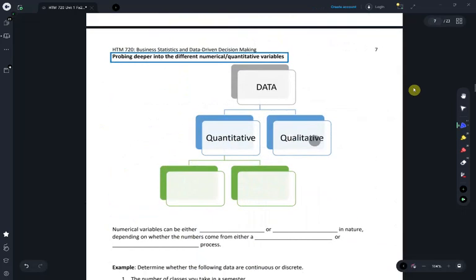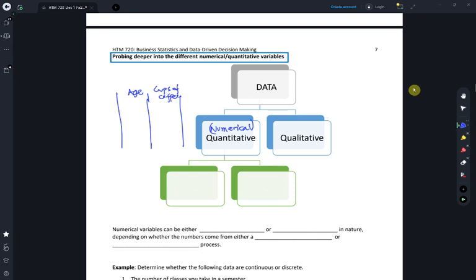Let's look at numerical variables a little bit deeper. You see, when you record a number, let's say you have age, and cups of coffee that each person drank each week, and let me also look at height.